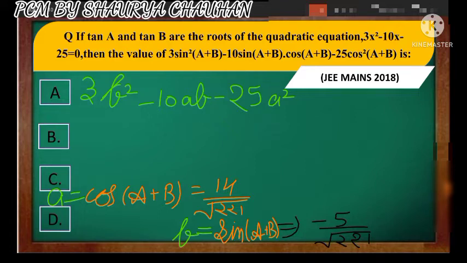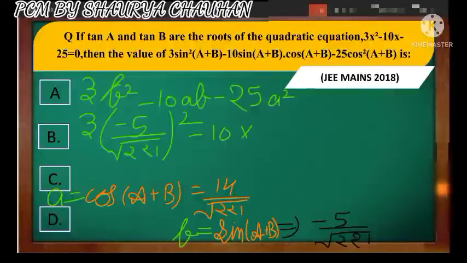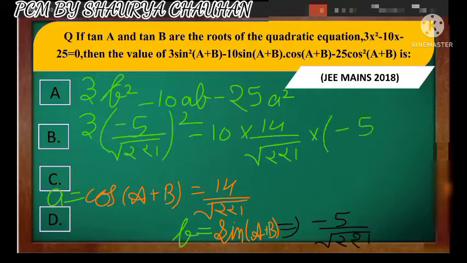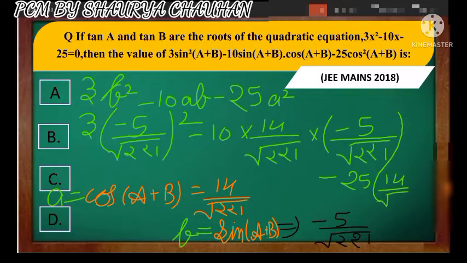So let's put in the values: 3 into (minus 5 by root 221) whole square, minus 10 into 14 by root 221 into minus 5 by root 221, minus 25 into a square, which means (14 by root 221) whole square. Now let's solve it.